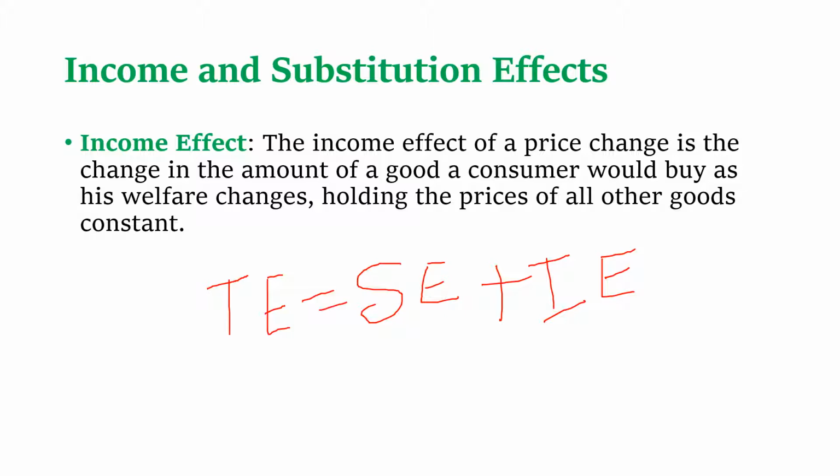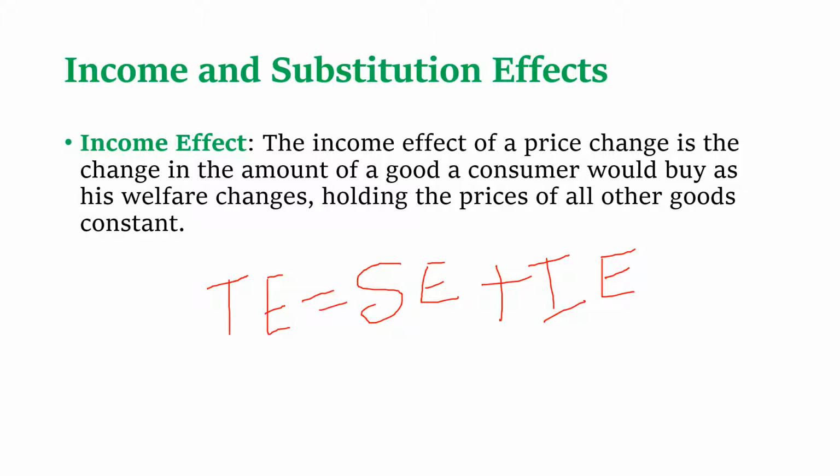Now, depending on the magnitude of the income or substitution effects, the change in the price of the good will either lead to a reduction in the consumption of the good or an increase in the consumption of the good.